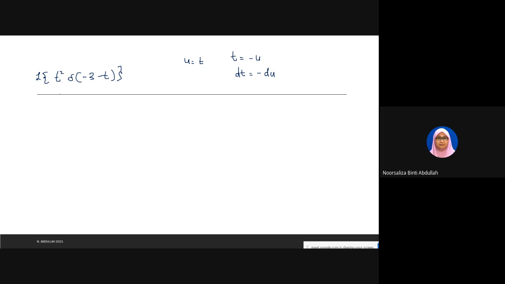So you will get the Laplace, negative u square delta u minus 3.